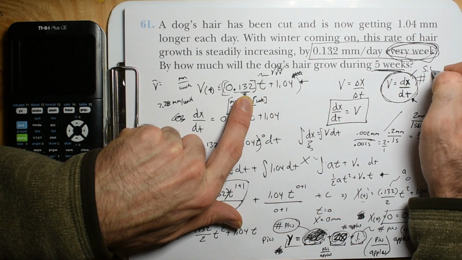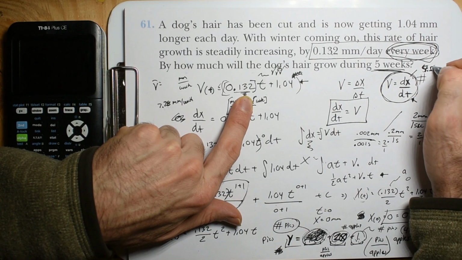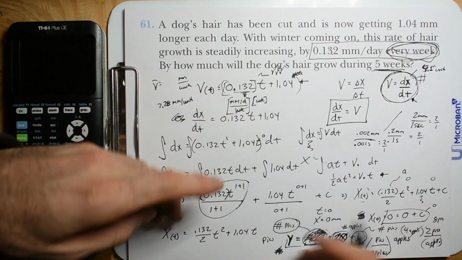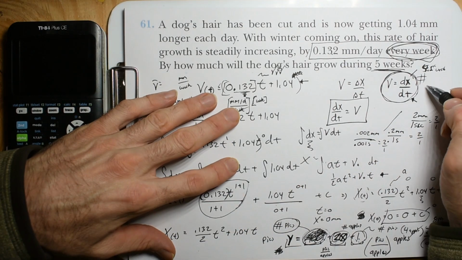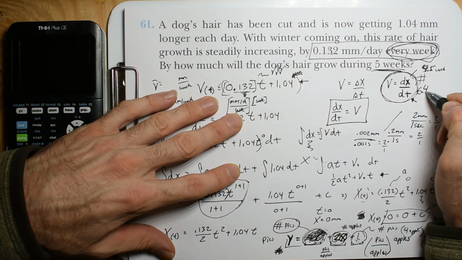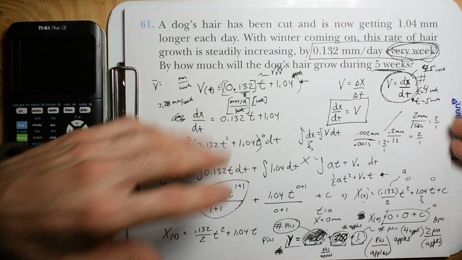Now, if they said 4.5 weeks, once we get to this equation, we can still estimate, because we would type in t is equal to 4 weeks, and then t is equal to 5 weeks, and then average the two.